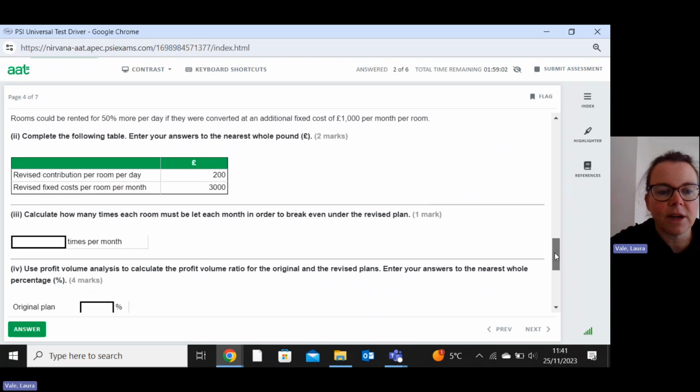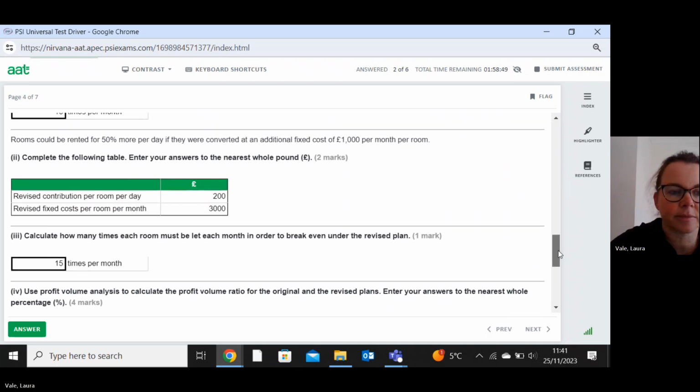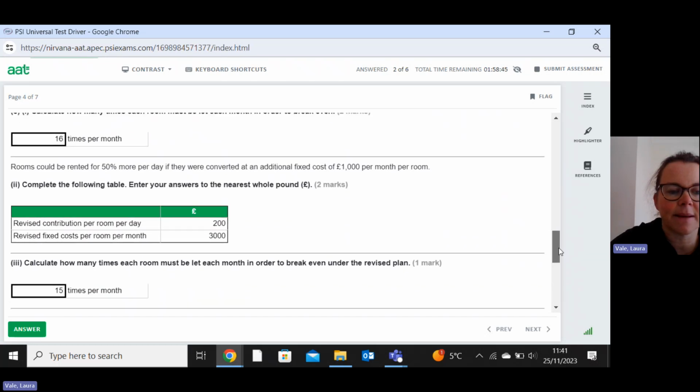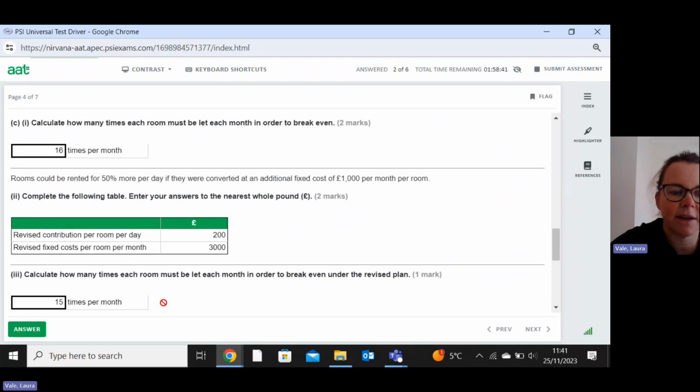And then we've got to calculate the new break even. So easy now, we've done this. So it's 3,000 divided by 200, which is now 15 times per month. All right, so a little bit less to break even. Number of times. We had 16, now it's 15.